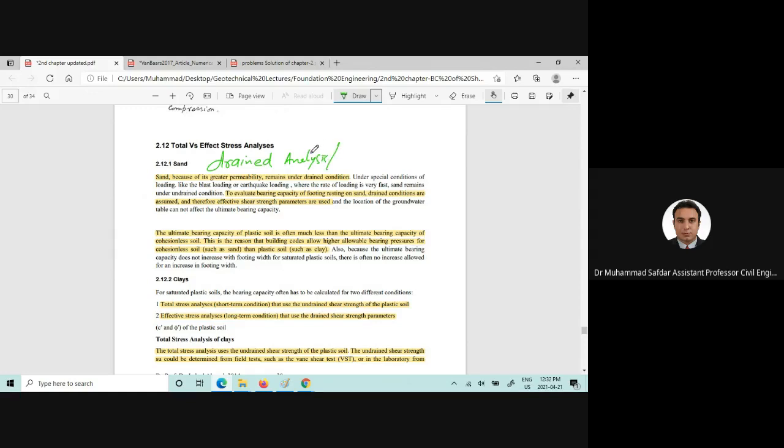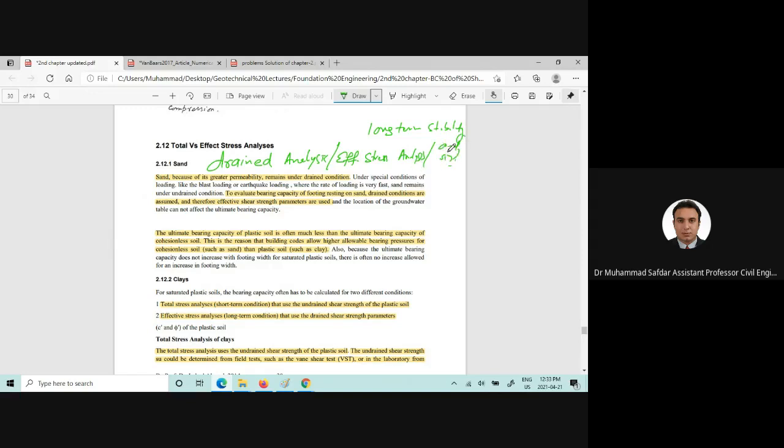It is also known as effective stress analysis, and it is also known as the long-term stability analysis.